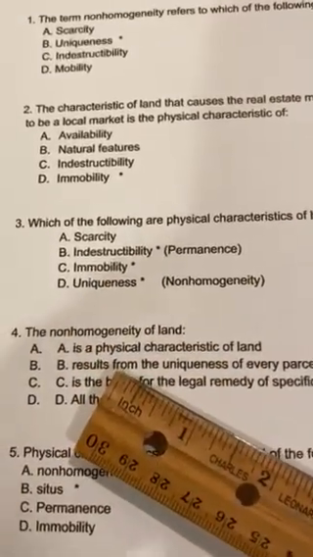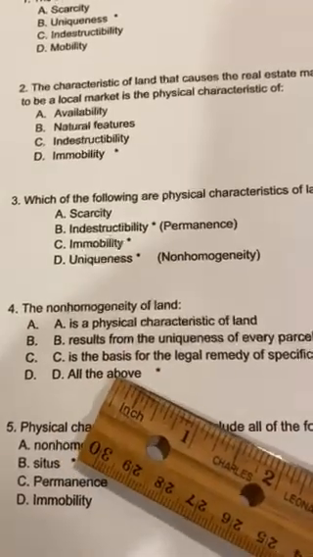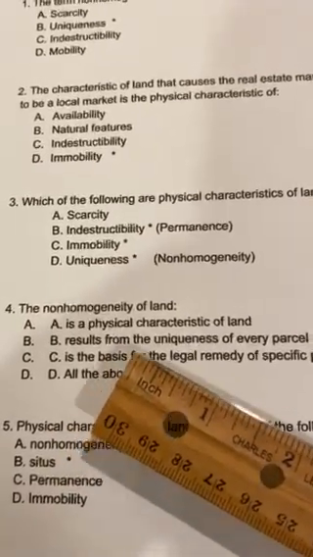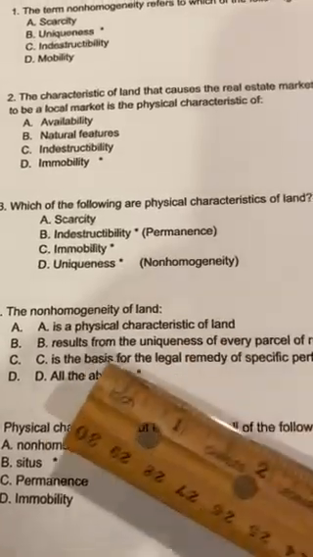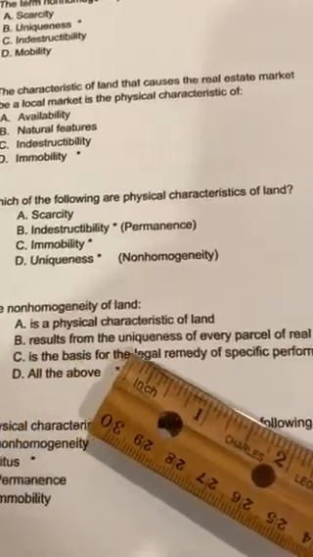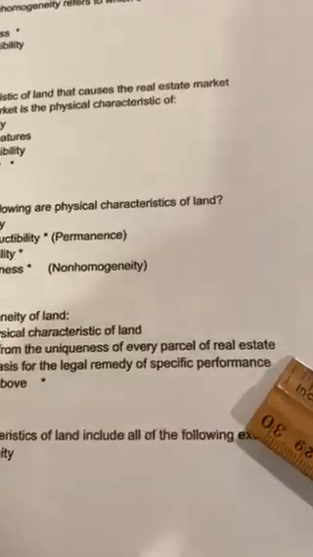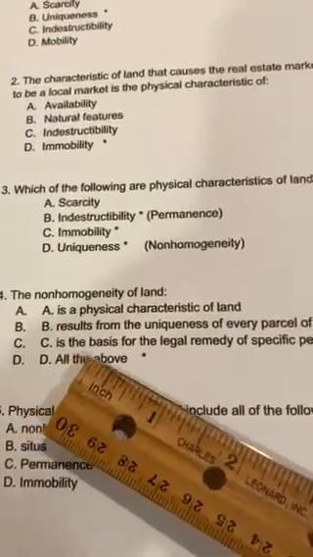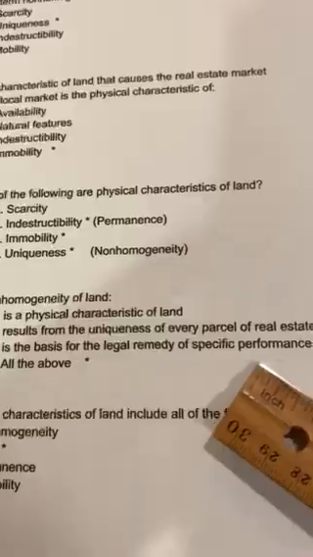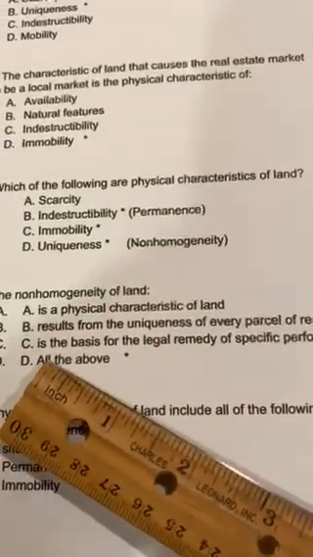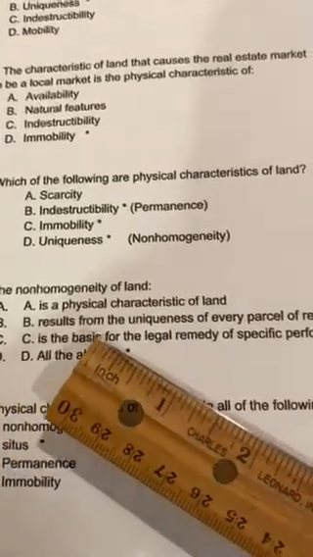The non-homogeneity of land: A, is a physical characteristic of land. B, results from the uniqueness of every parcel of real estate. C, is the basis for the legal remedy of specific performance. And the answer will be all of the above.